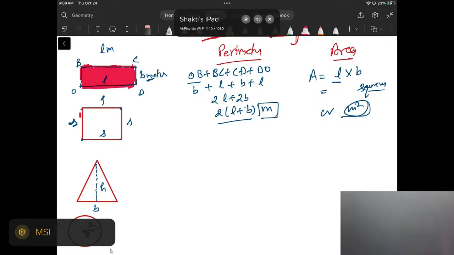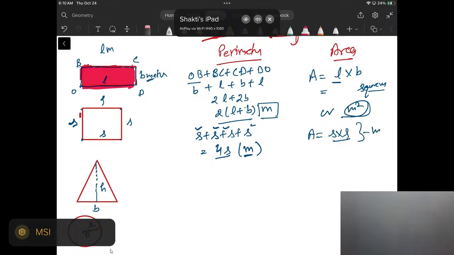We start from this point, so S plus S plus S plus S, so it is 4S. The unit of this one will be in meters. If this side is in meters, my unit of the perimeter will always be in meters. The next part is area of the square, which is equal to side into side. Whatever we compute will be in meter square.